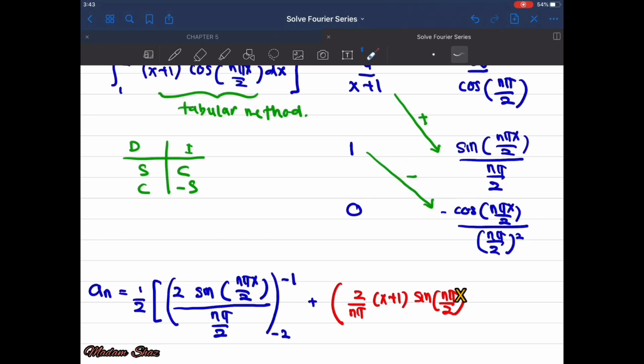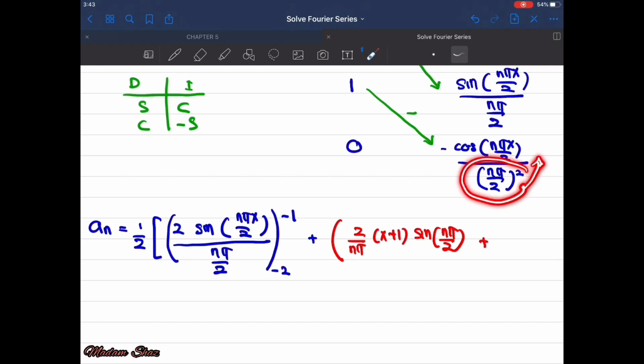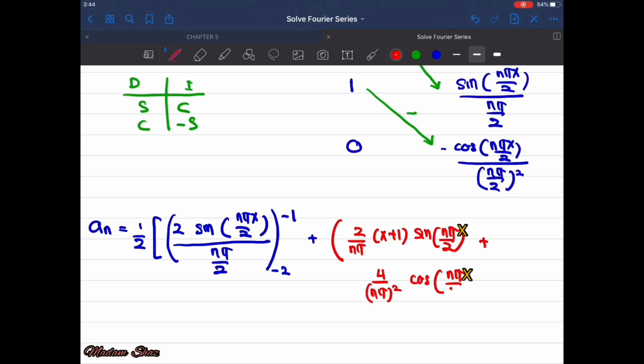Negative negative will become positive. 1 multiply with the cos n pi x over 2 divide with n pi over 2 square. N pi over 2 square, this one can be changed, it becomes 4 over n pi square. 4 over n pi square multiply with the cos n pi x over 2. So close the bracket, the limit from negative 1 until 2.